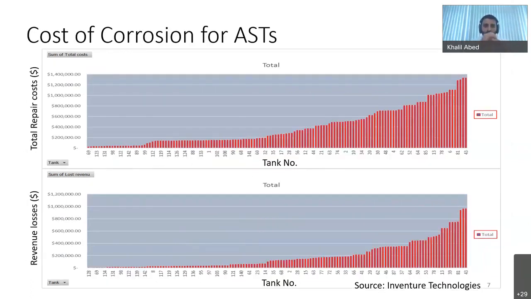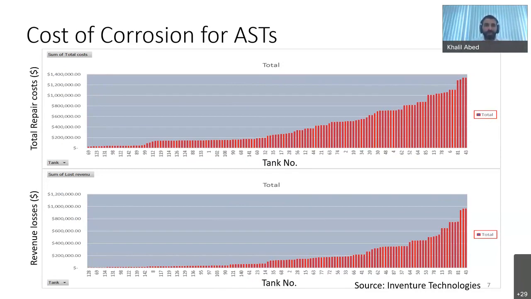Now, when soil side corrosion impacts the service life, it increases the operation cost of the tank, which is a combination of direct costs, which are repair costs and all the costs associated with the inspection when the tank is out of service, and the revenue loss due to the downtime.